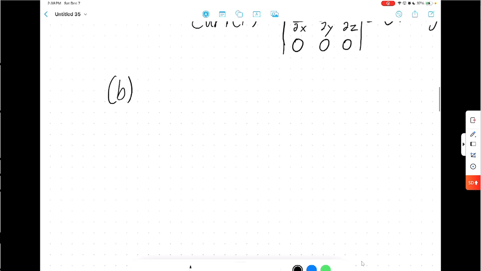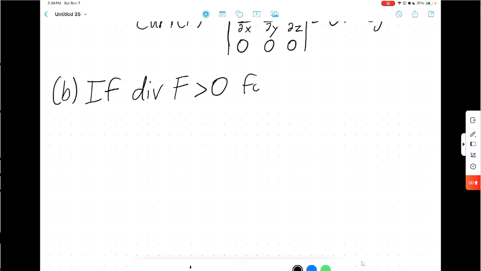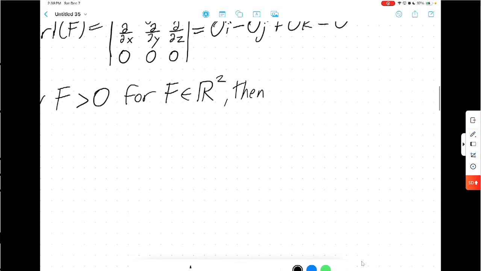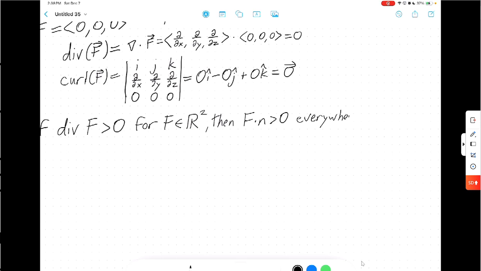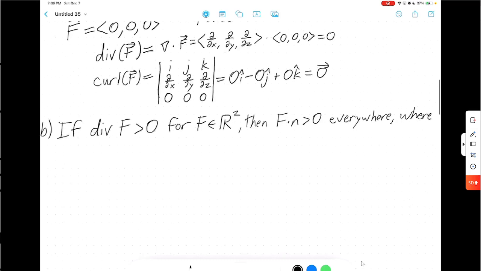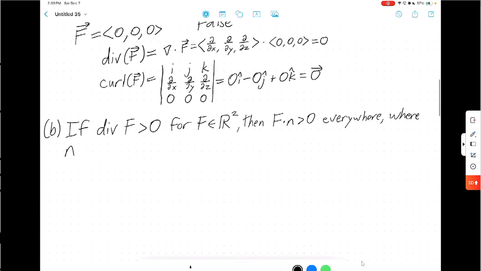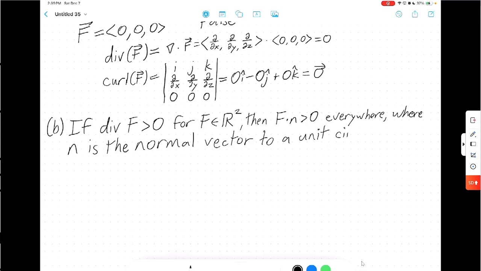B. This one's a little bit more complicated. If div f is bigger than 0 for f in R2, then f dot n is bigger than 0 everywhere, where n is the normal vector to a unit circle, oriented outward.